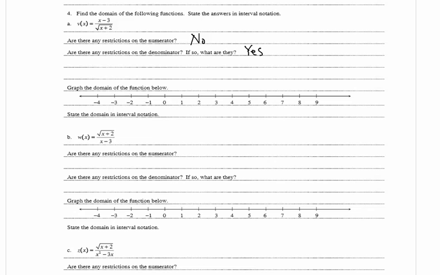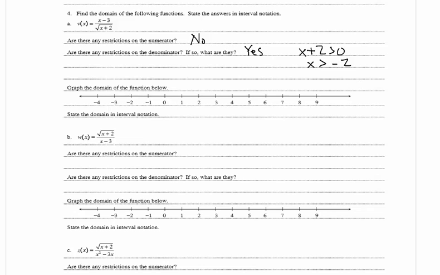And we have a radical. So inside the radical has to be greater than or equal to 0. And it can't equal 0 because we're in the denominator. So we have x plus 2 has to be greater than 0. And if we subtract 2 from both sides, we get x is greater than negative 2.